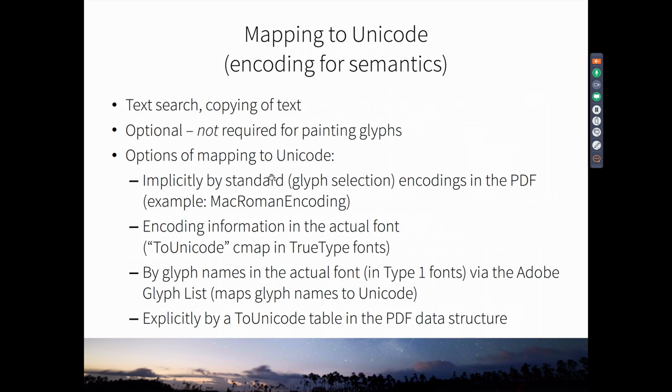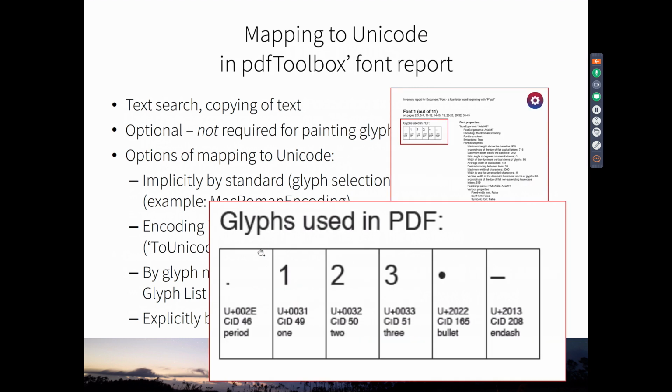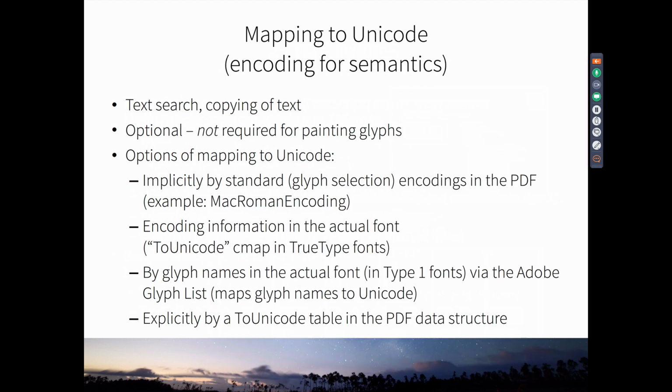So that is implicitly defined by the glyph encoding, the glyph lookup encoding. Or you make that explicit. In TrueType fonts, you can have a certain cmap. I've mentioned WinAnsi and MacRoman before.